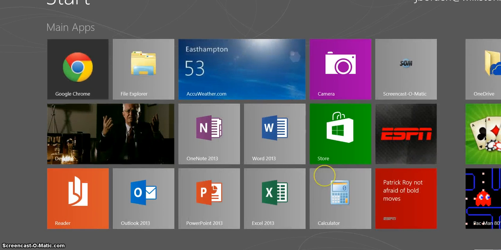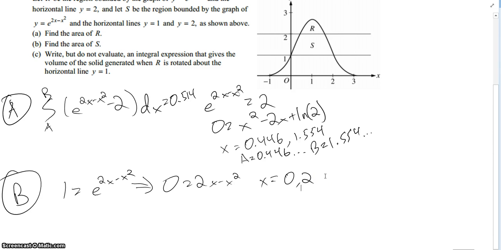So the integral we're looking for is the integral from 0 to 2 of e to the 2x minus x squared minus 1 dx, all minus 0.514.